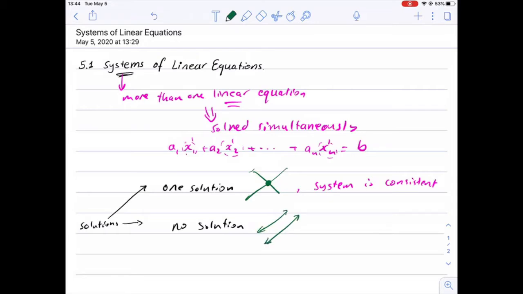So the second case, no solution if they are parallel, because we know that solution means the points of intersection, or the points where the graphs of the equations meet. They don't meet, so we don't have a solution, and in this case we call the system inconsistent.